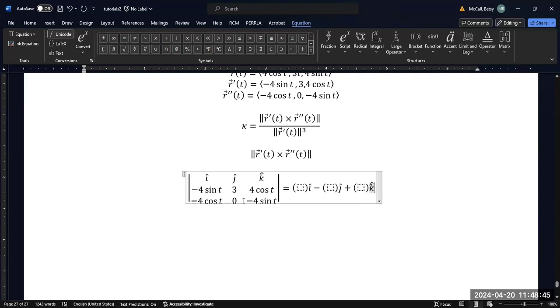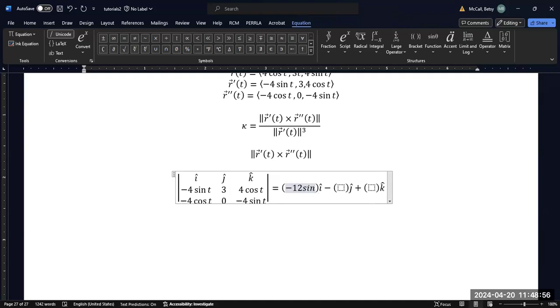Because we're in 3 dimensions. So let's think about our i component. That would be these two. So that's going to give me -12 sine t minus 0.